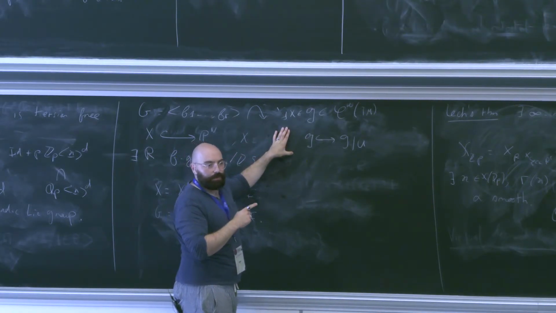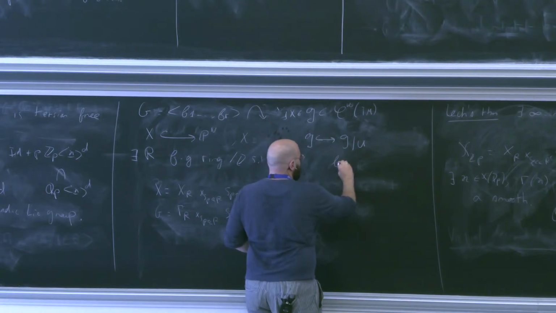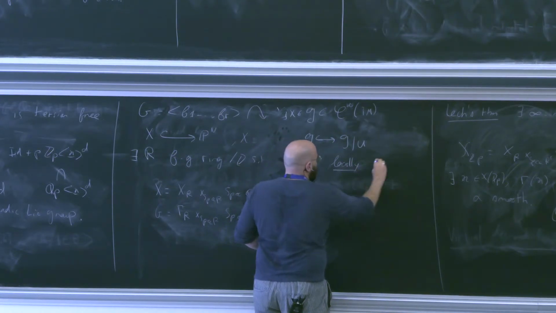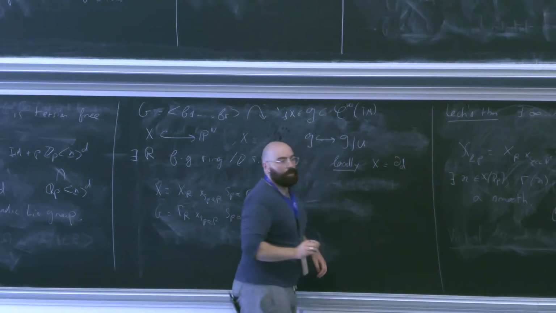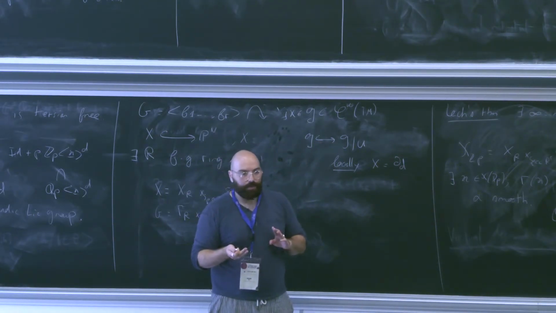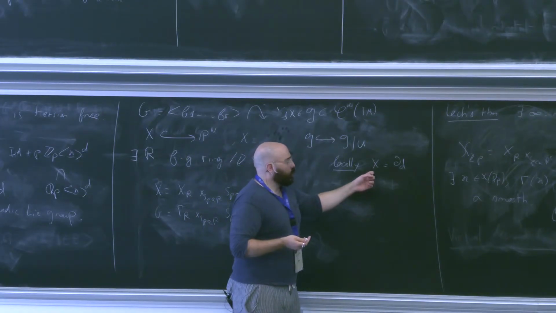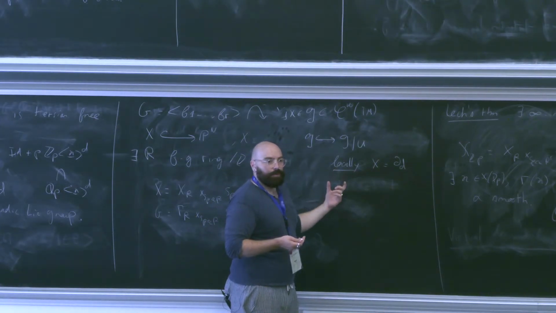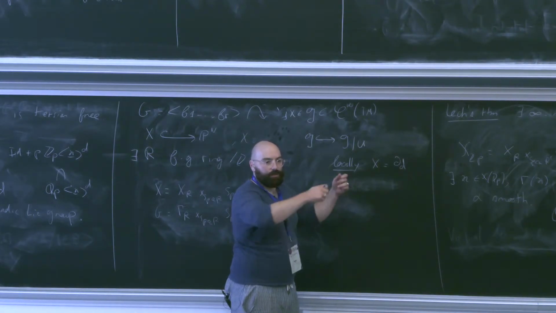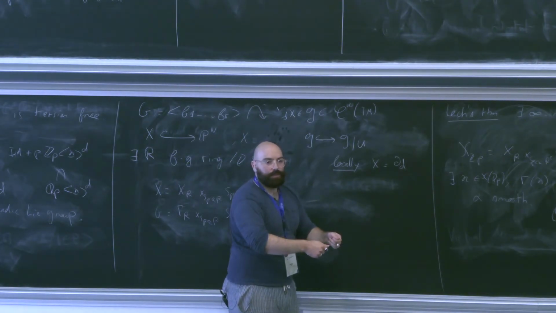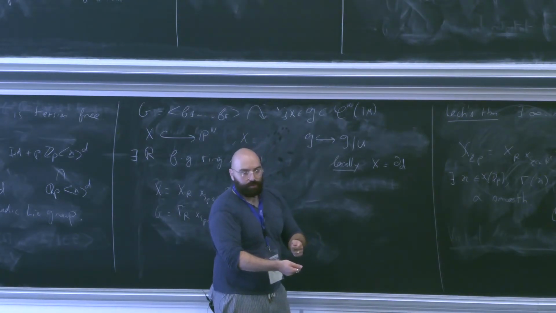Then locally, X is just the derivation with respect to the last coordinate. What does it mean that everybody commutes with X? It means that everybody can be written with formulas that do not depend on the last coordinate. So then you can just project on the first d-1 coordinates and do an induction in your argument.